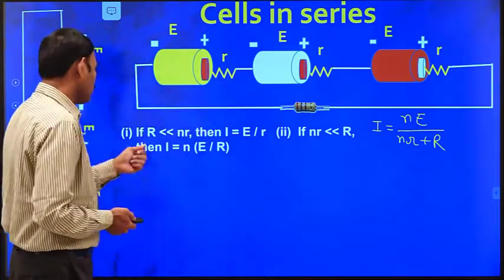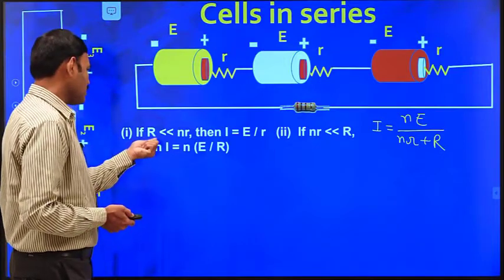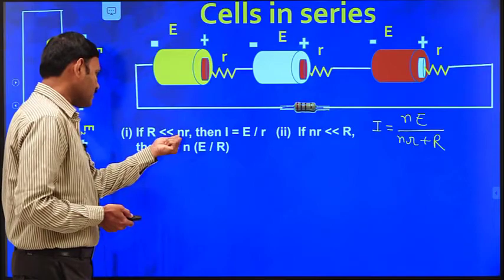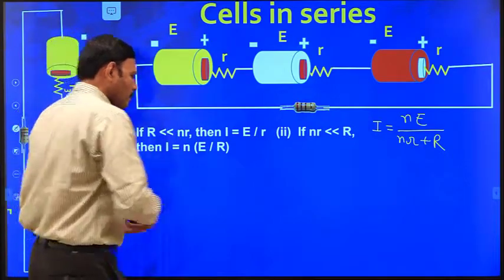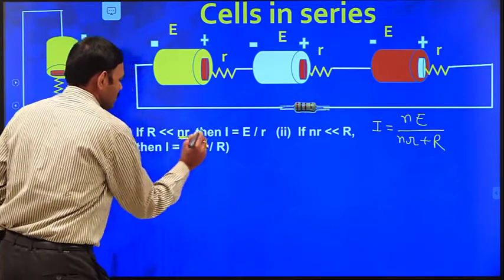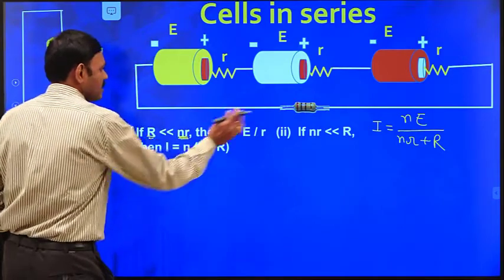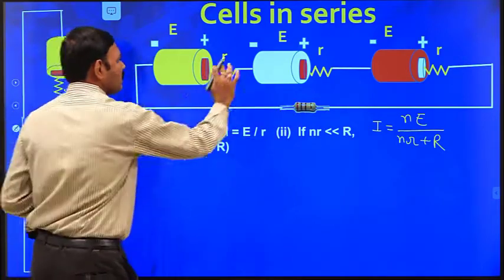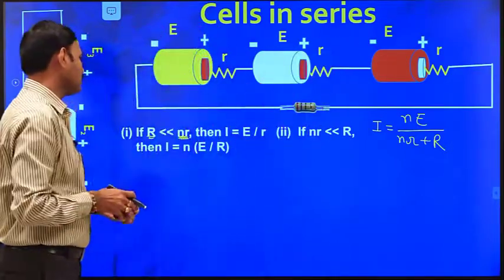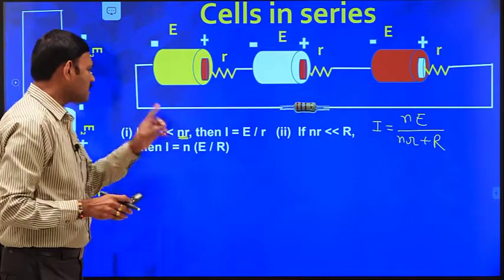One sub case is when the external resistance is very, very much less than the internal resistance. Here nr is the net internal resistance, students, and capital R is the external resistance. Capital R is very, very much less than nr.